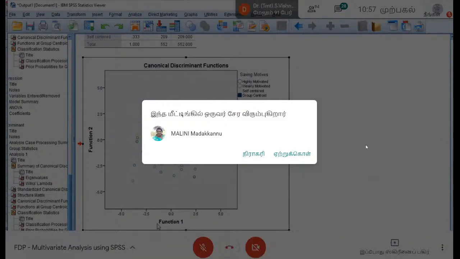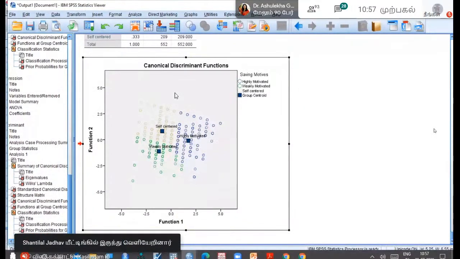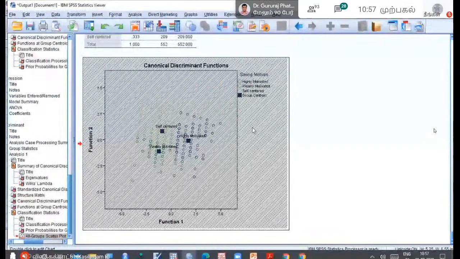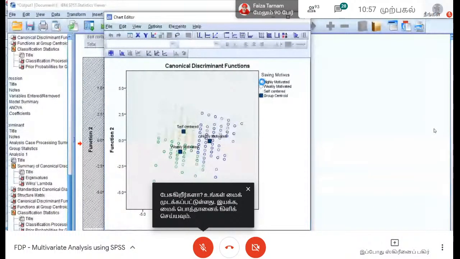For example, if you click it, it will go to the chart editor. In the chart editor, I'm clicking highly motivated. Now it will come here.